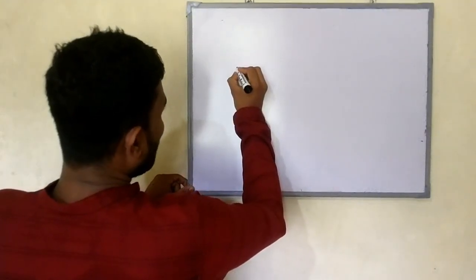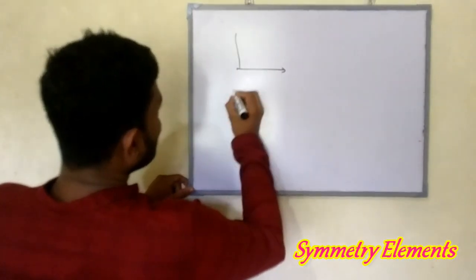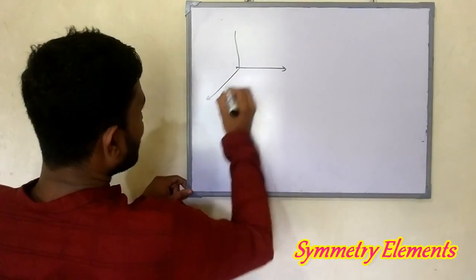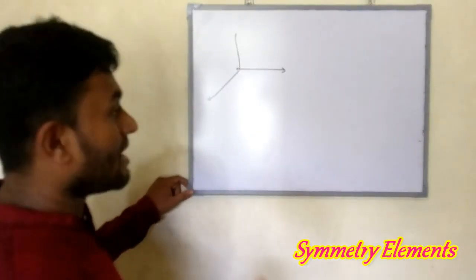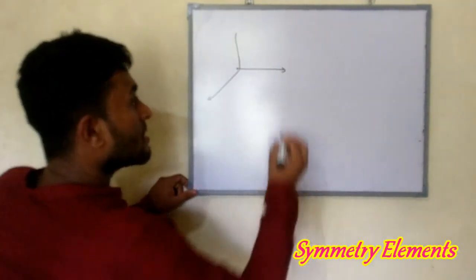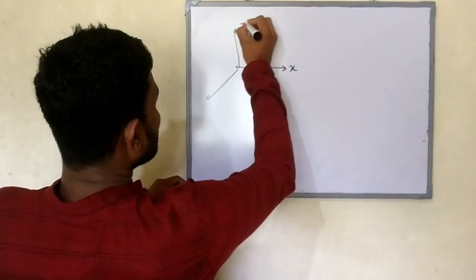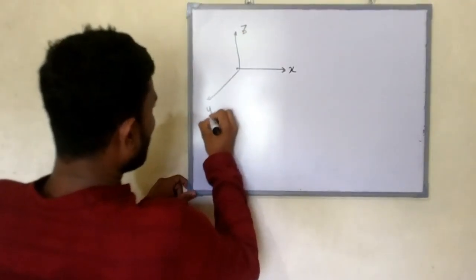If you have a point which has a configuration like this, which has x, y, z directions, that means three-dimensional configuration. This is your x, this is your z, this is your y.